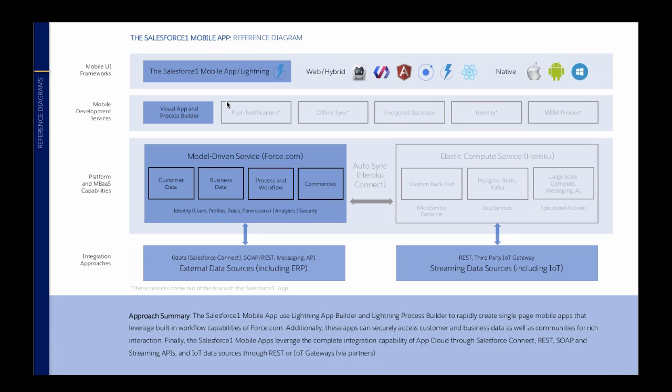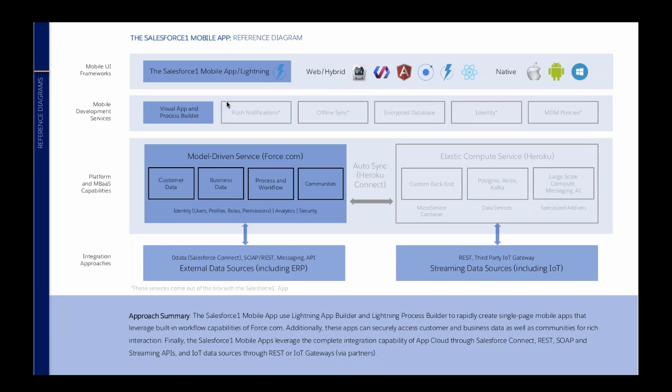And these are very, very powerful technologies. Underneath, you would have access to our objects, to business data, to processes, and then you can expose them using communities and, of course, take advantage of the same identity policies, security, and whatnot, while using technologies like Salesforce Connect and APIs to get access to third-party data sources.